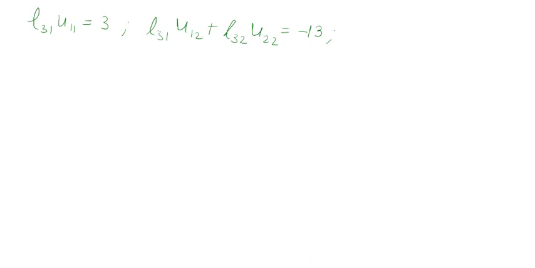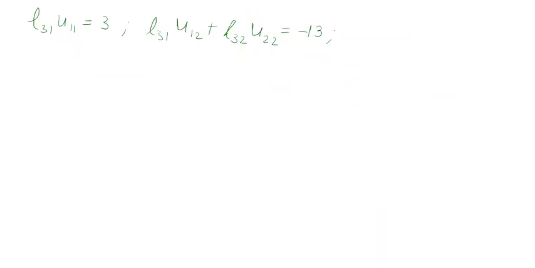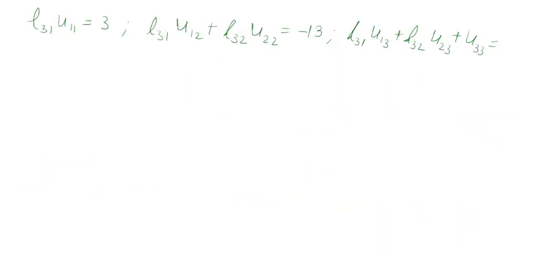Third row, third column gives L31 U13 plus L32 U23 plus U33 equals 9.